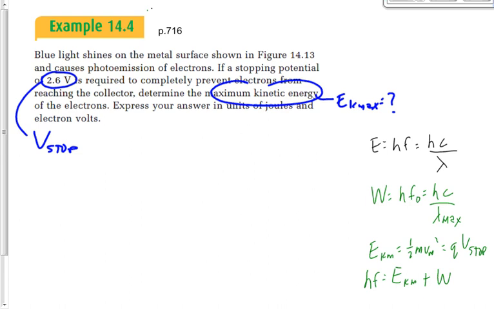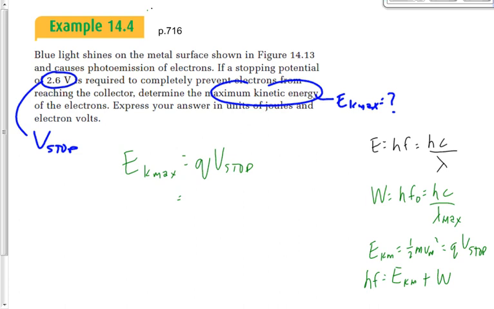Which of those 4 equations seems to fit this one the best? Let's say EK max is equal to QV stop. What's the charge, Mac? Yeah, it's a charge of an electron. I didn't tell you that, but think about it.